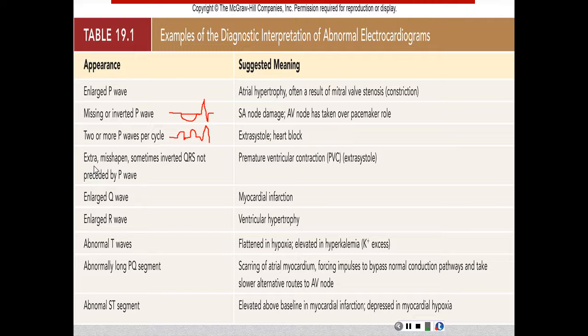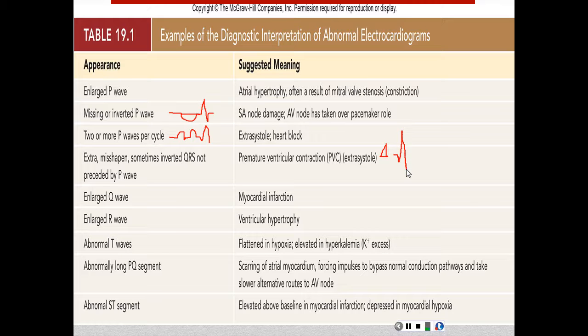Now, if we have extra or misshaped, sometimes inverted QRSs, so a QRS is supposed to look like this. Sorry, let me erase that one. It comes down, up, and down.